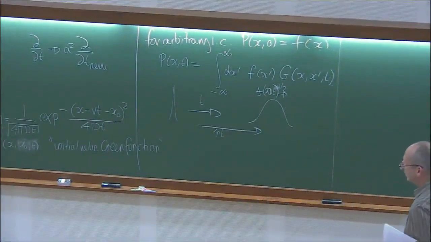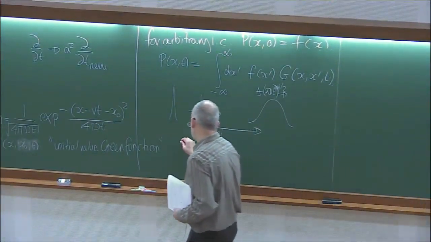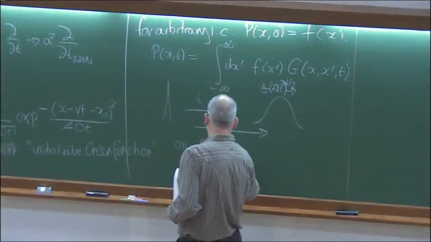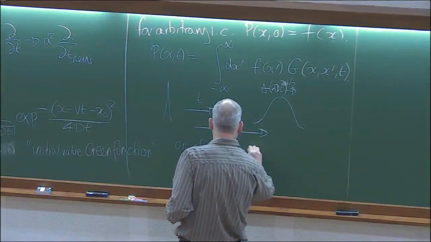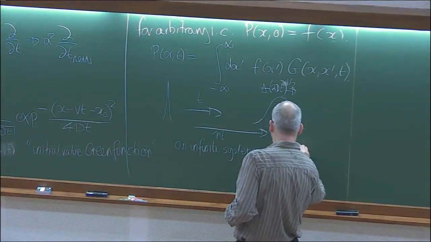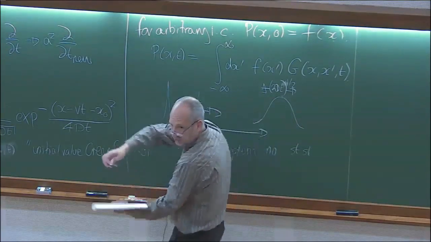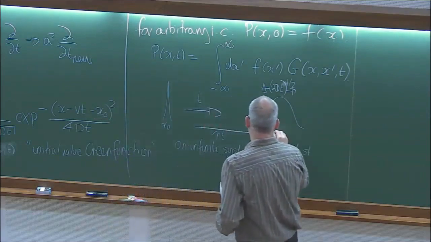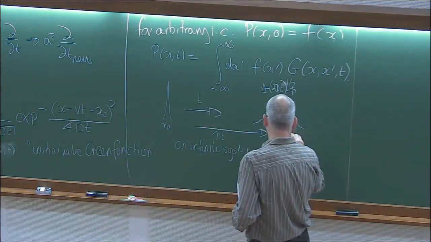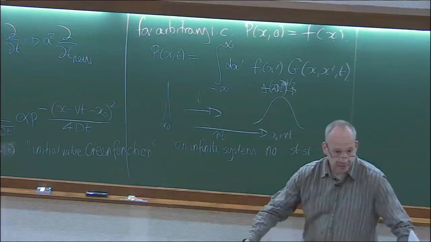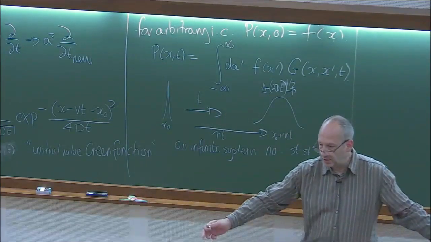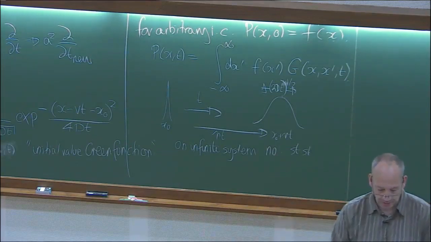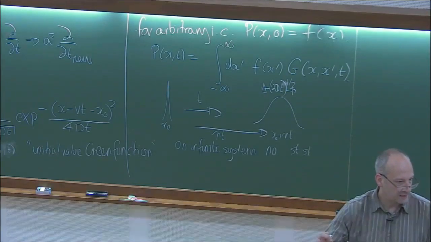Now, if we're on an infinite system, there is no stationary state. We start with this sharp peak of probability, let's say at x naught, and it just spreads out, and on an infinite system it keeps spreading. On the other hand, let's not do the details, but say we're in a finite system, a box.